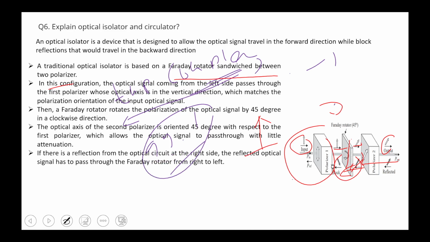If there is a reflection from the optical circuit on the right side, the reflected optical signal has to pass through the Faraday rotator from right to left.